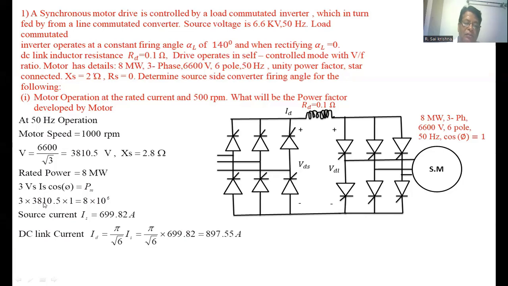Substitute all the values and find out Is. Now Is equals 699.82 amperes, which is the current passing at this point. That is also the DC link current side; the DC link current ID, substituting all the values, is 897.55 amperes.